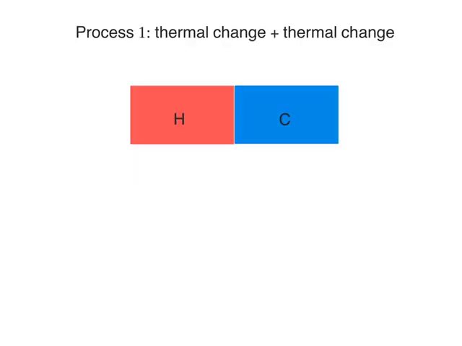Let's consider the entropy change for the thermal process that occurs when a hot object is placed in contact with a cold one. A quantity of thermal energy leaves the hot object and enters the other. We assign a negative sign to the amount of energy that leaves the hot object and a positive sign to the amount of energy that enters the cold object.